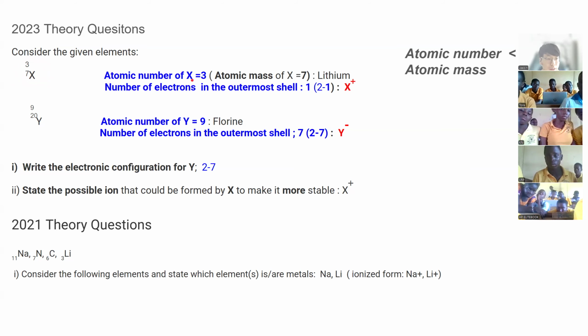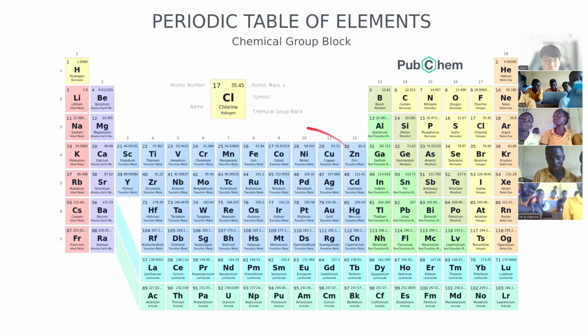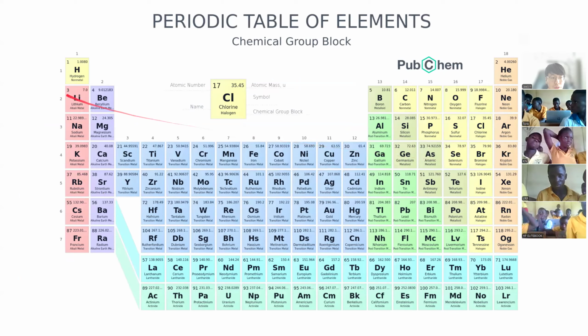The top is the atomic number, the bottom is the atomic mass. So the number of electrons in the outermost shell for lithium is 1. So we have 2, 1. And we can see from the periodic table that lithium is over here.